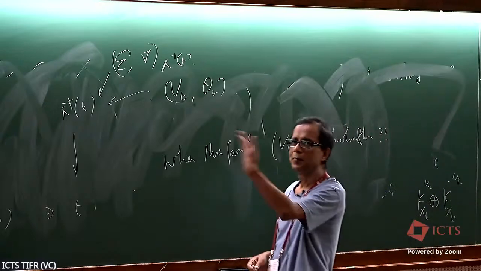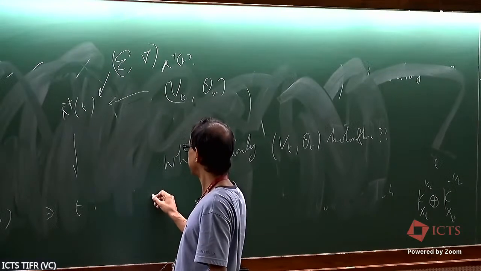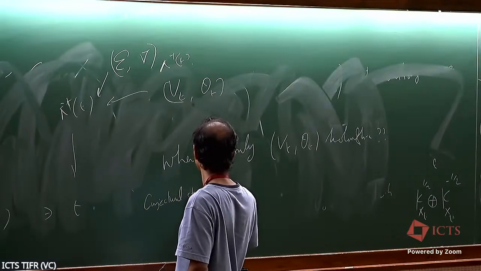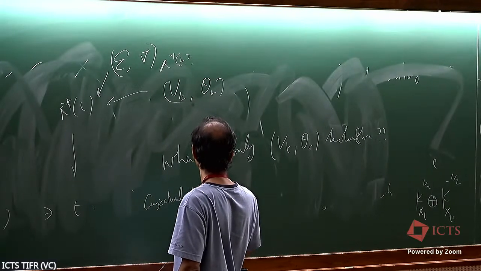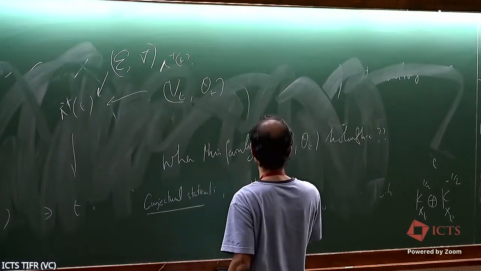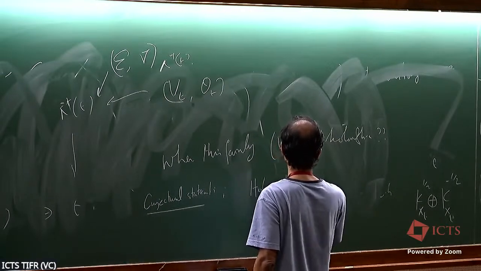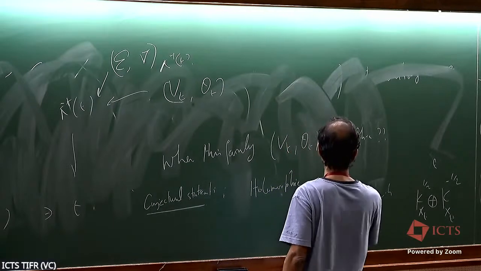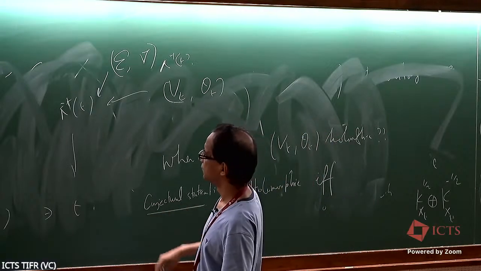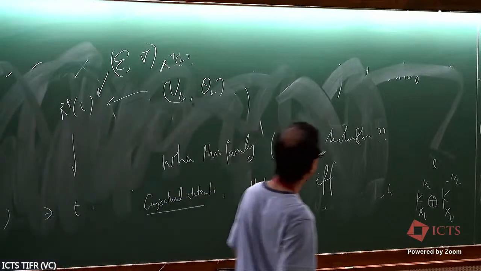So by a discussion, a conjectural statement will be: holomorphic if and only if this rho we started with is unitary.